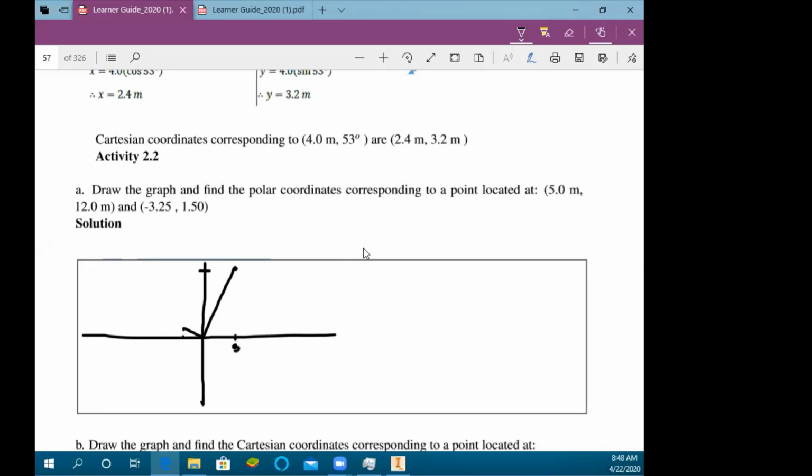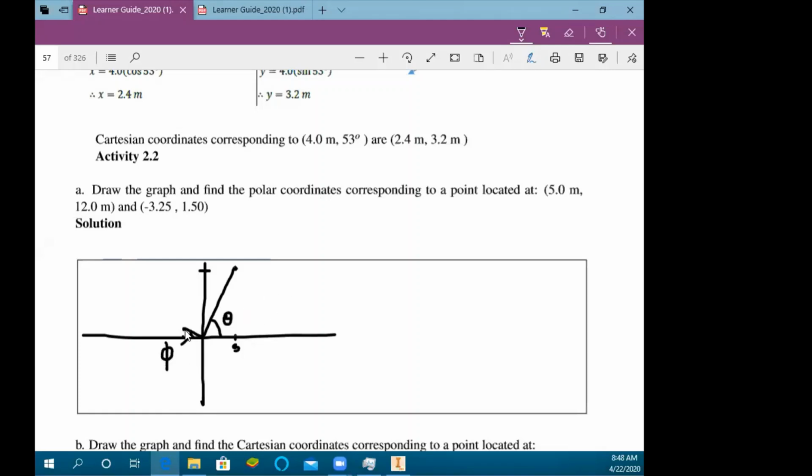So now what are we looking for? What's the question? The polar coordinates, right? So find this angle. I'm gonna call it theta, and this angle I'm gonna call it phi.